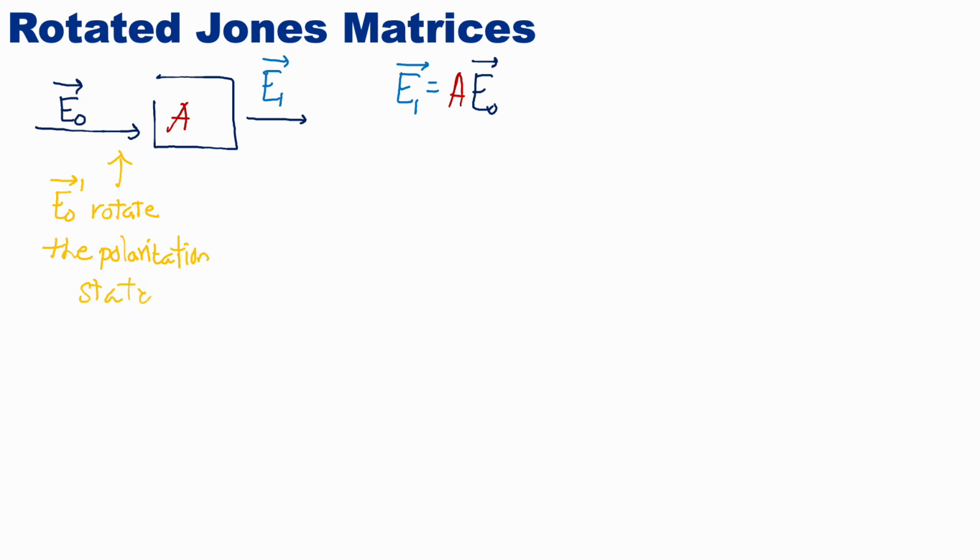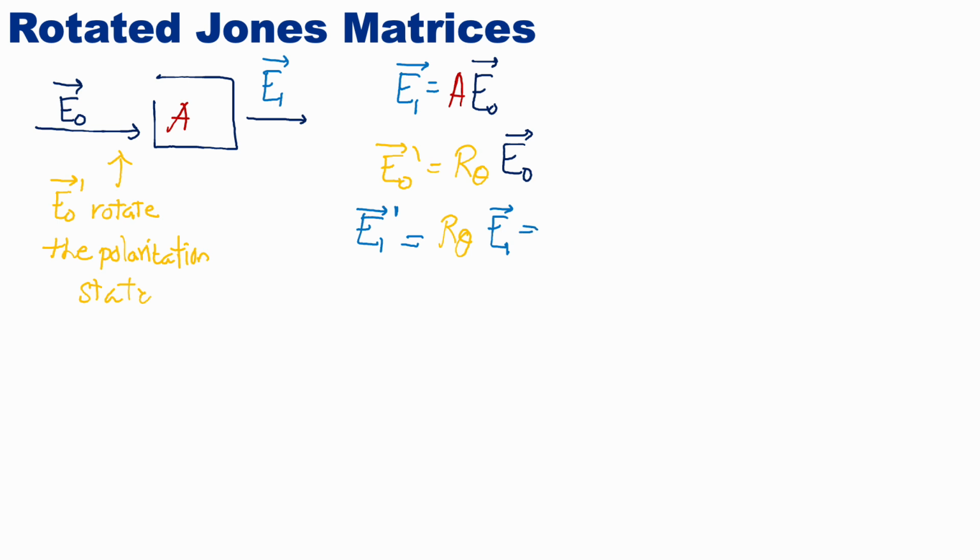So now my new input is going to be the rotated version of my original input. And now we are considering that my new output is also going to be the rotated version of my previous output.